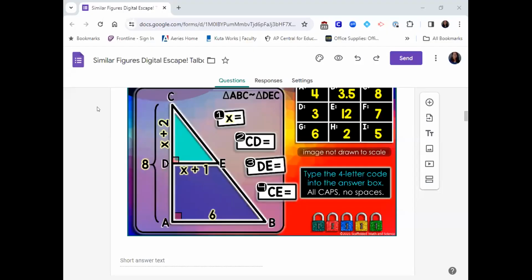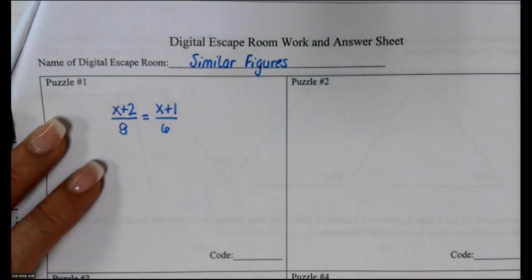What's the height of the big triangle? 8. Do you see it? So I'm going to put that over 8 equals, what's the base of the little triangle? X plus 1 over 6. So height over height equals base over base. And again, you can set that up a bunch of different ways. Just be consistent.